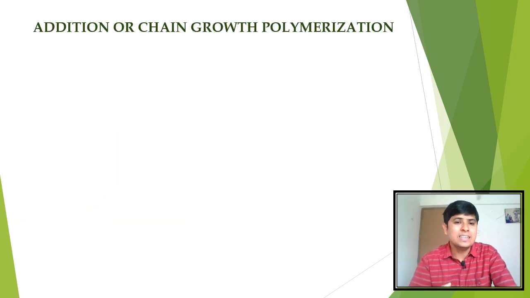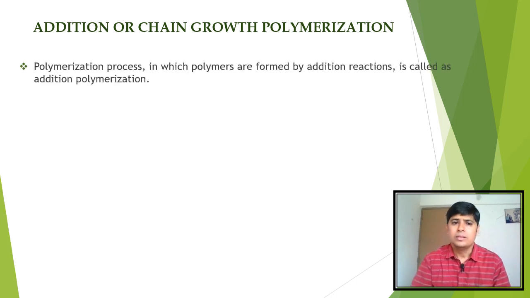We will see here addition or chain growth polymerization, the second method of polymerization. It is a polymerization process in which polymers are formed by addition reaction.